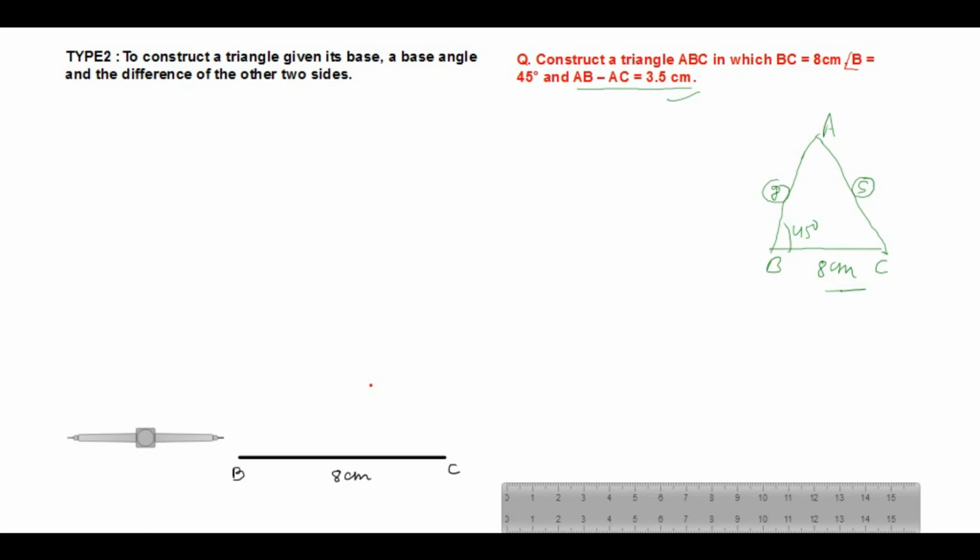Now the question is to construct at point B an angle of 45 degree, and you already know how, so construct 45 degree.